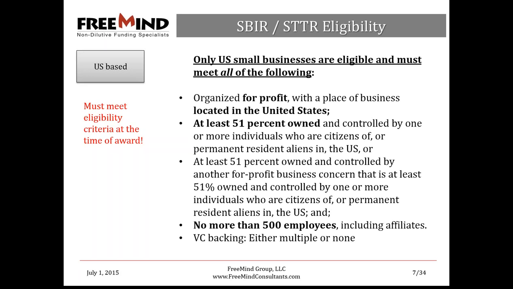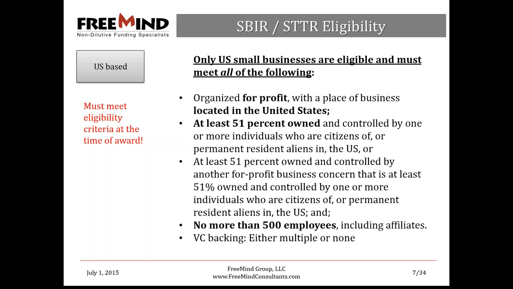Currently, the requirements are to be either backed by no VCs, as before, but also if you're backed by multiple US-based VCs. So if the VCs are not American VCs, then there's nothing to discuss. But if you're backed by more than one VC and those VCs are US VCs, then you are eligible for SBIRs today.